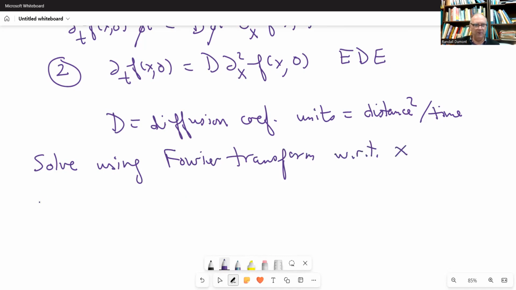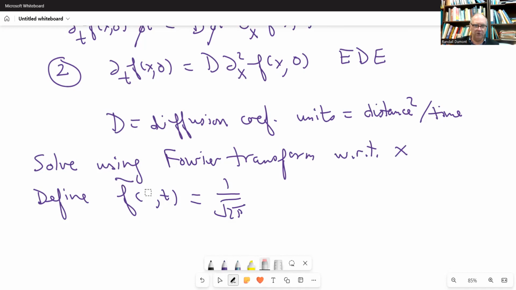So I'm going to define f tilde of x, t as the Fourier transform of f. Except that this is now going to be a function of k. I should change that.